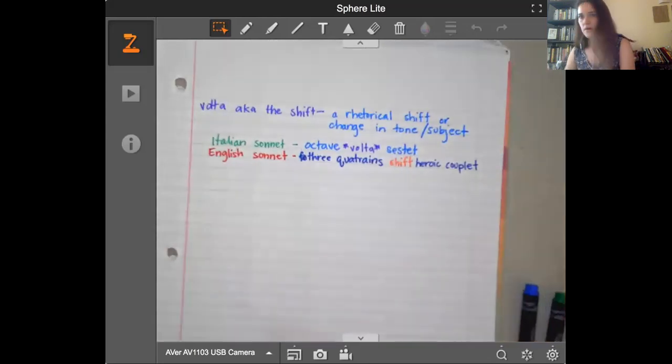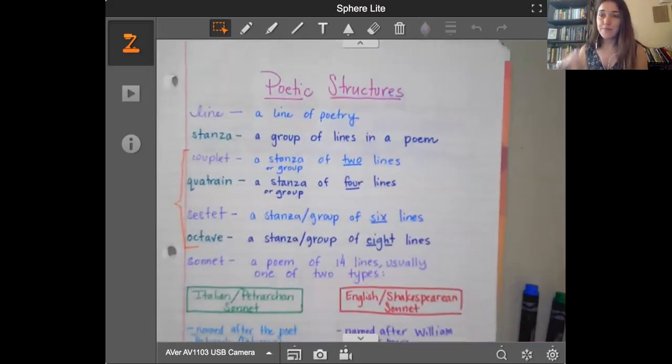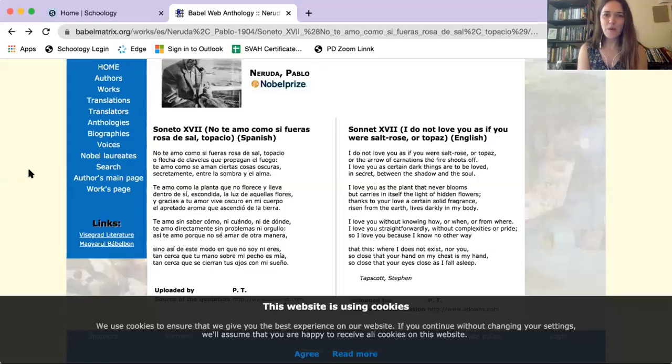So just for a little bit further clarification, I'm going to show you what these look like in the Neruda poem that we were reading. If we look at his poem, we see that we have these 2 quatrains, which would be 8 lines, followed by 2 sets of 6 lines. So my feeling is that this is an Italian sonnet, which makes a lot of sense because Spanish and Italian are so similar.